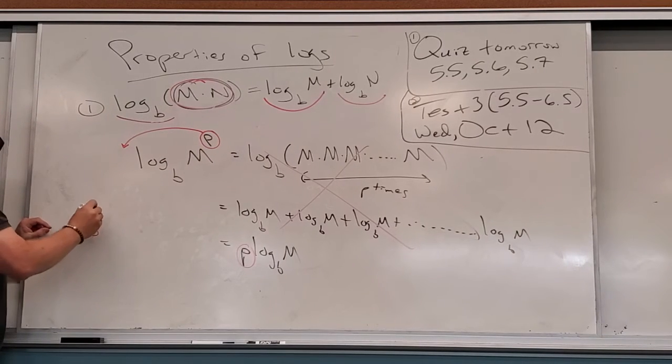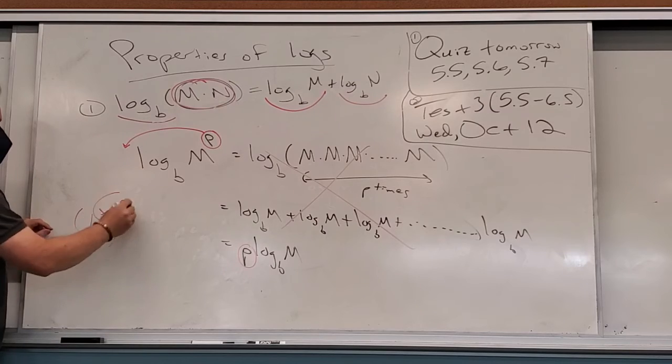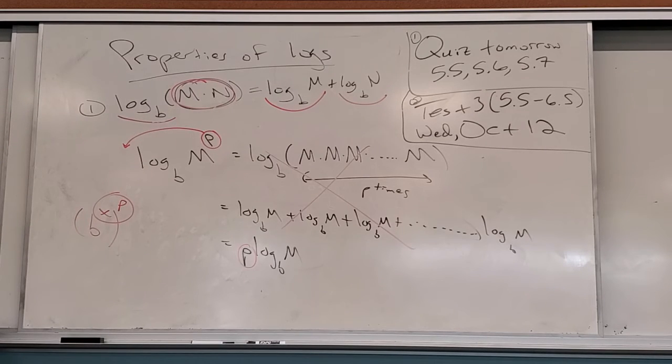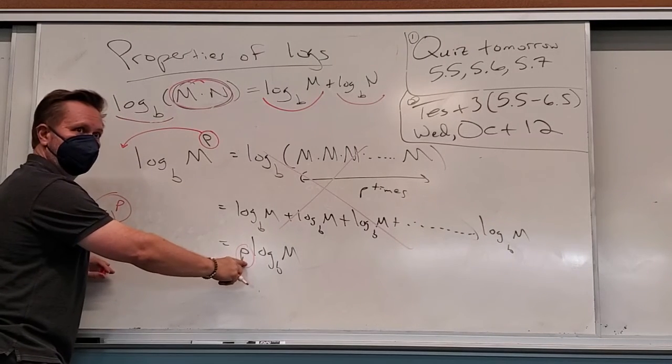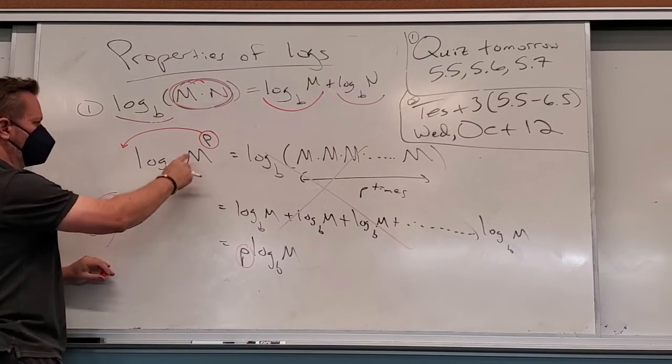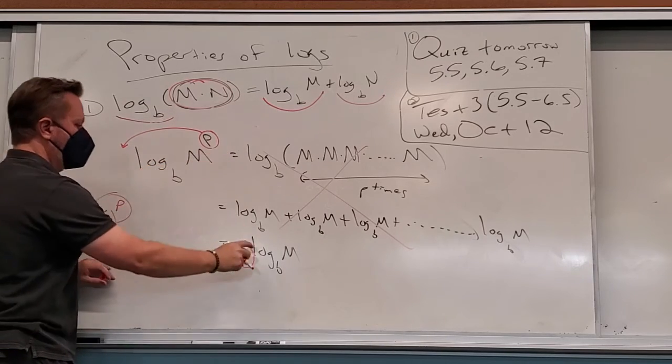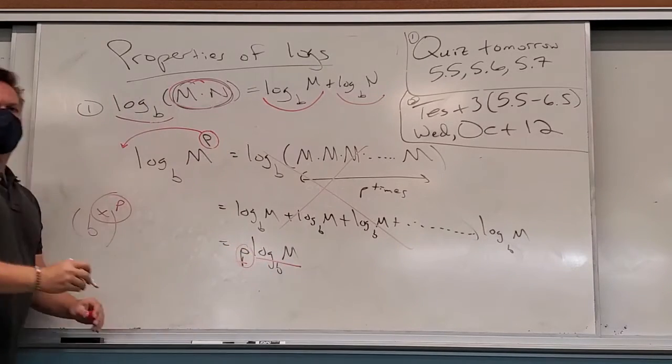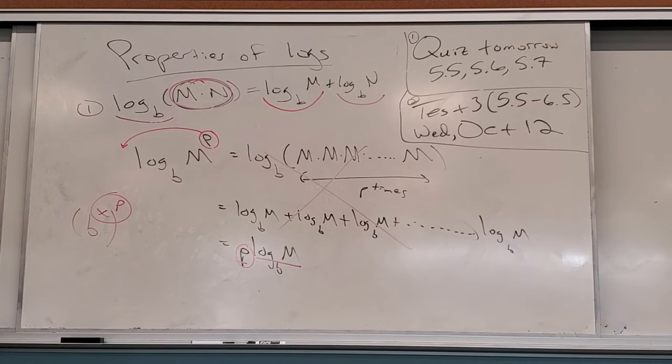If I have b to the x and I raise it to the p, what do I do with the powers? Multiply, right? A base to a power is being raised to a power, so I multiply the powers. That's what I mean by all the properties of logs being the same as the properties of powers.